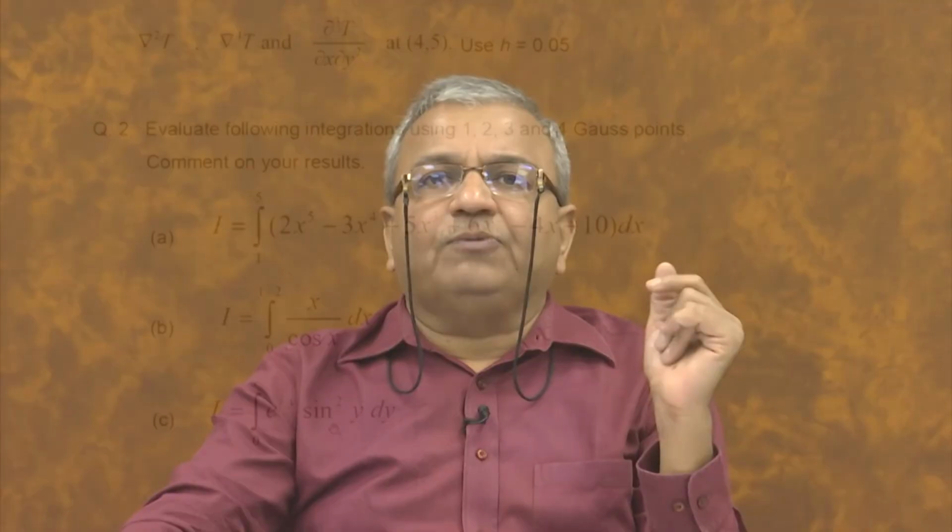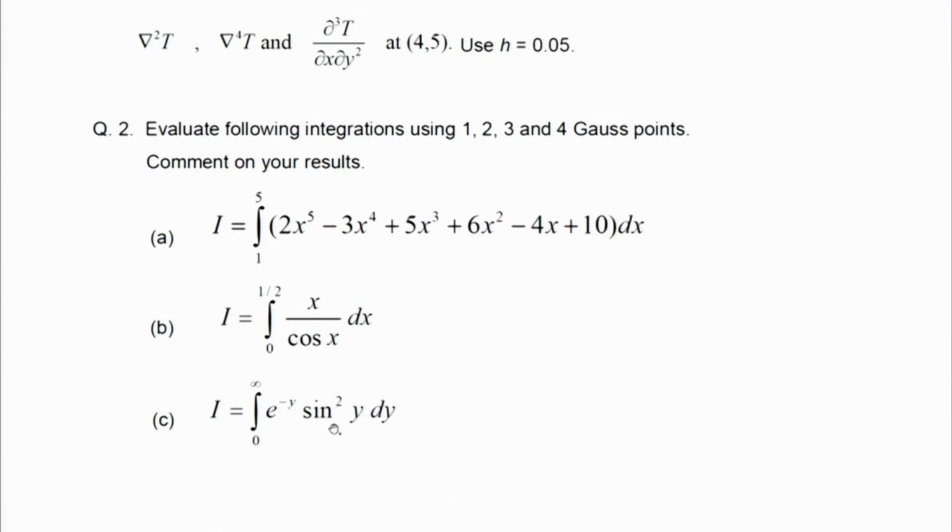For that, you will be required to do some numerical experimentation. Notice we have the term e raised to minus y here, an exponentially decaying function. Okay. Split your domain into 2-3 parts and then do your numerical integration for these different parts.